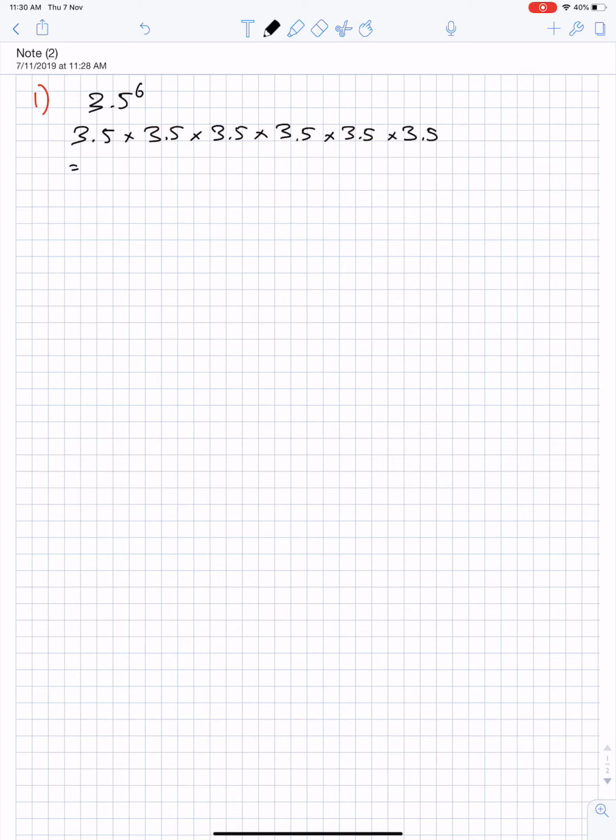And I'm assuming you're allowed a calculator here. If I can just get my calculator. Okay, and just calculate this to the power of 6, and that will be 1838.27, and that's to 2 decimal places.